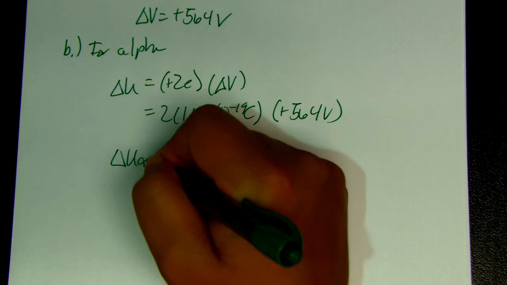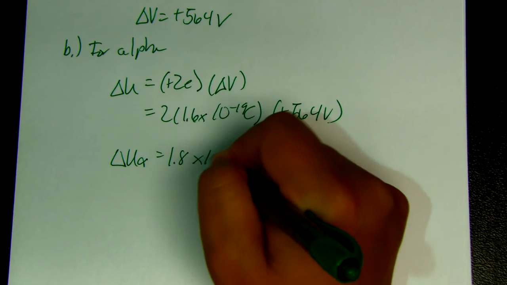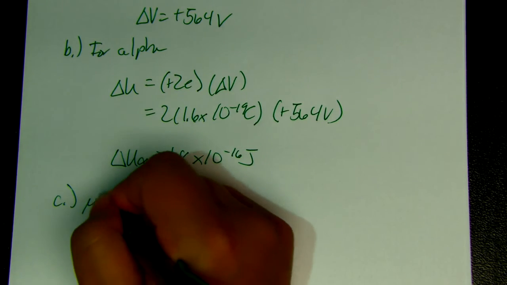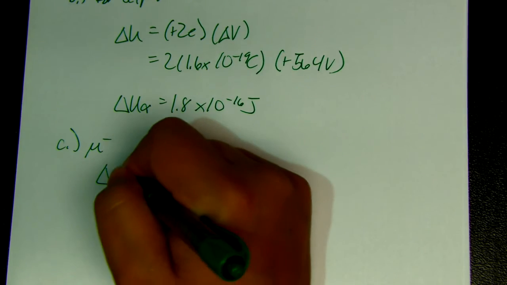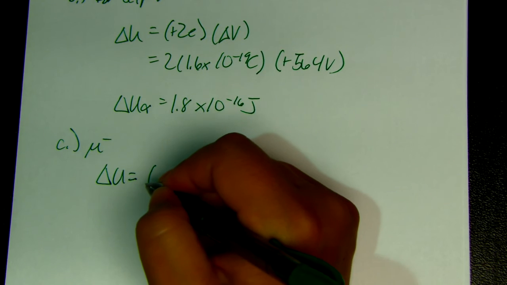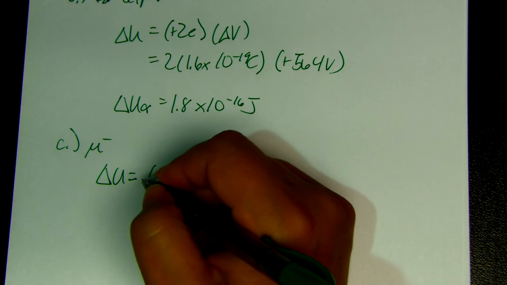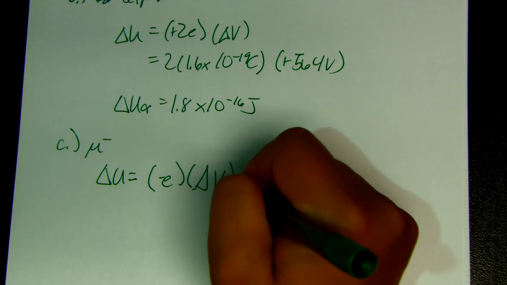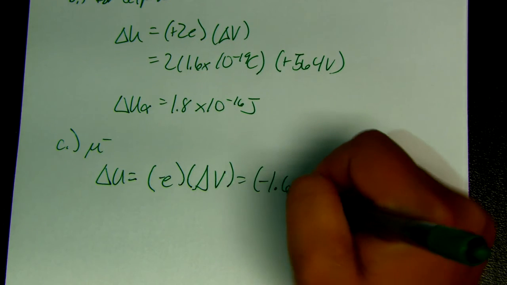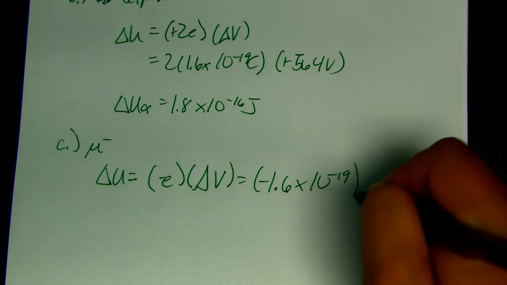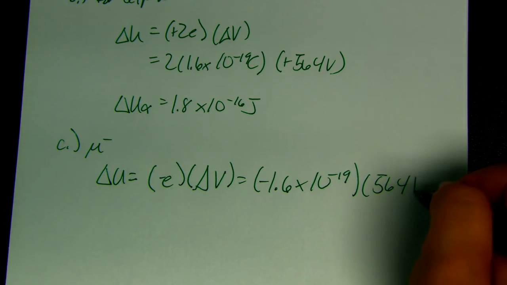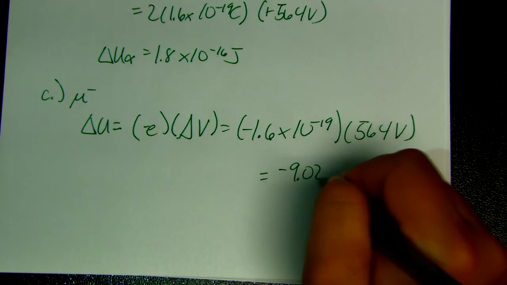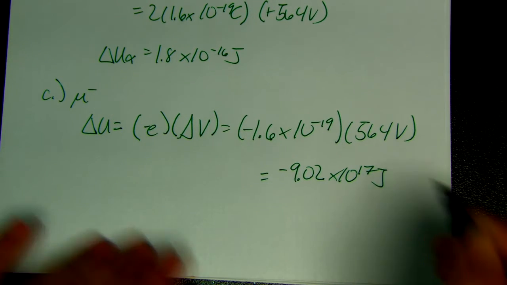And delta U alpha is equal to 1.8 times 10 to the minus 16 joules. And then for the muon minus, delta U is equal to minus e times delta V, which is minus 1.6 times 10 to the minus 19 times 564 volts, equal to minus 9.02 times 10 to the minus 17 joules.